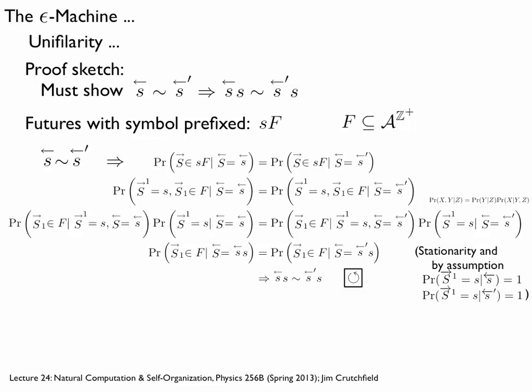So what's the consequence of assuming that we start here with two histories that are in the same equivalence class? Well, I'm just going to rewrite the causal equivalence relation. What that says is, based on little s and s prime, I look to the future and their distributions are the same. So I've just written down that. Just focus on this up here.